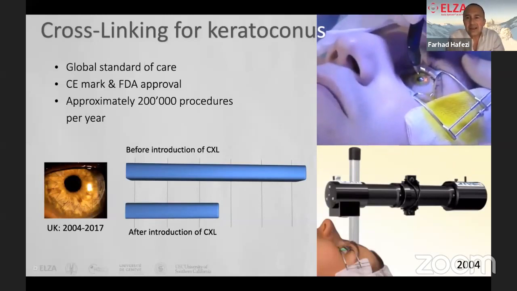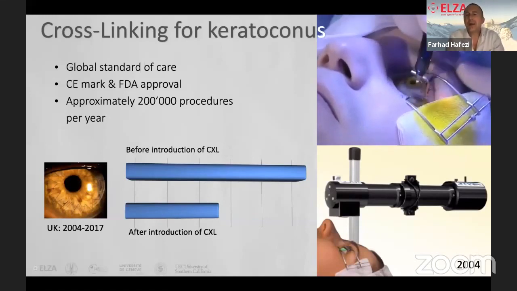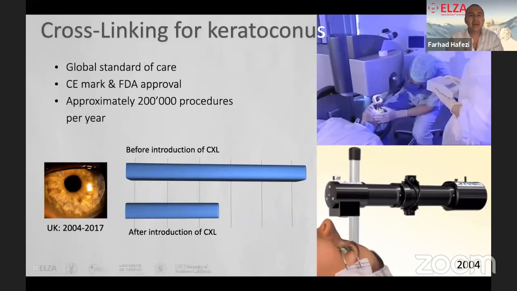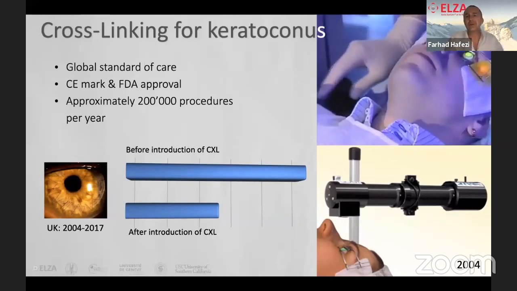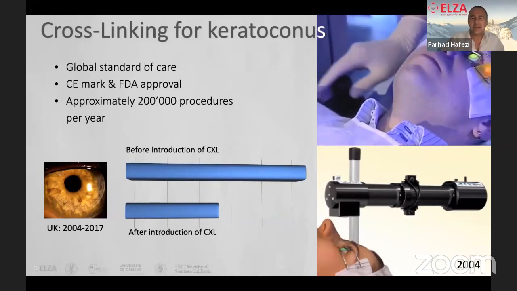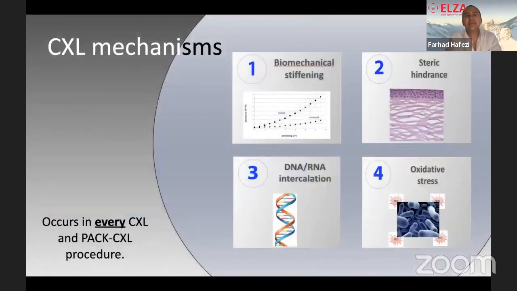Now, the second indication is keratitis. And as many of you will wonder, how come that you can establish a technique like CXL for keratoconus, and all of a sudden it also works in infection? Well, please let me show you this slide. You should remember that in every CXL procedure, you do not only stiffen the cornea.